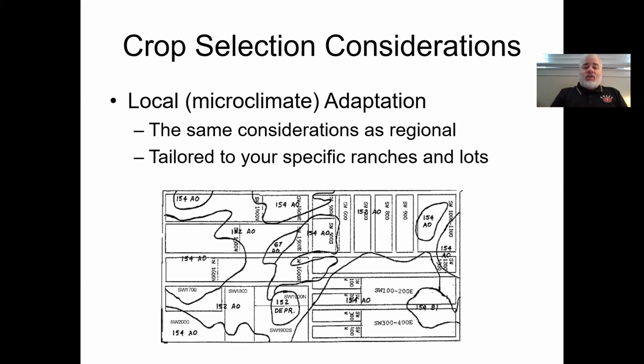Microclimate, same considerations as we've already been through, just on a smaller scale. It's not just what kind of weather climate we're having in Salinas, but what is specifically happening on my ranch. Your ranch has its own wind patterns, its own sun patterns.